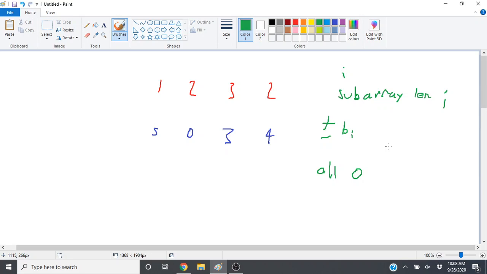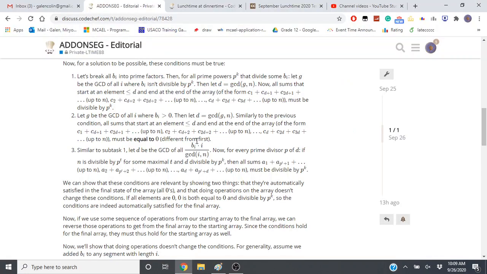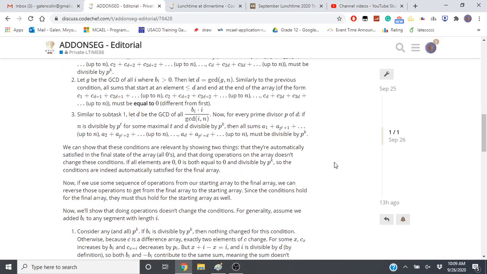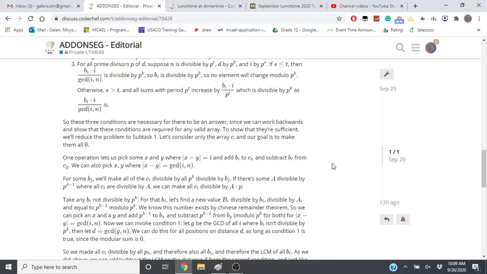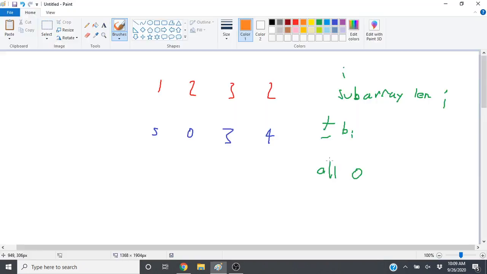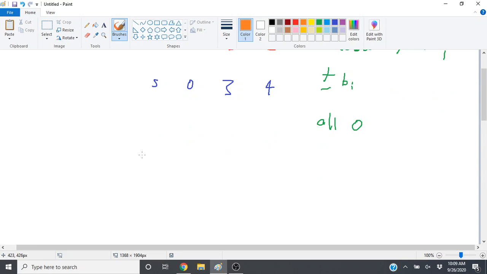And actually, I'm going to do the proof backwards from how it's described in the editorial. Well, it's kind of a flow that makes more sense, I think. Okay, so first, actually no, I'll stick to the editorial, I guess. That makes the most sense.